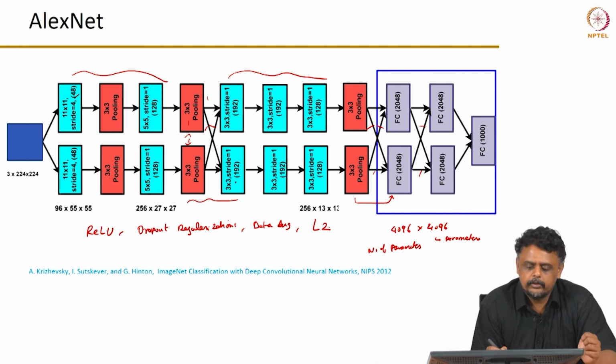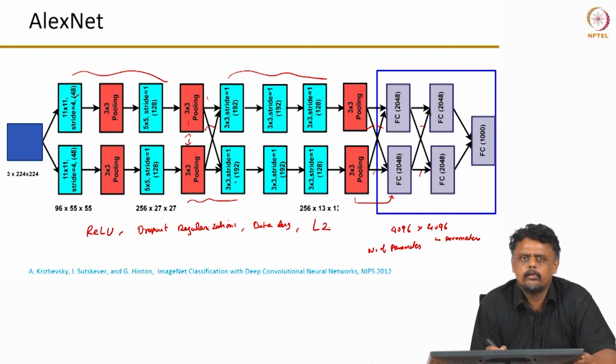So, the network placed first in the ImageNet recognition challenge, especially in the top 5 and the top 1 category. It had an error of about 15%, which was much better than the second place finisher, again one of the earliest and the first CNNs to win the ImageNet competition.